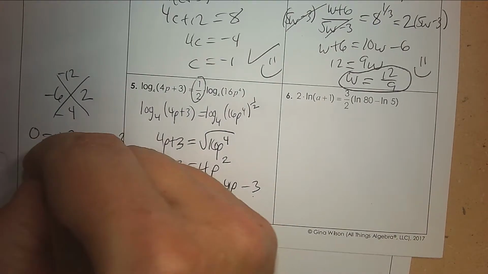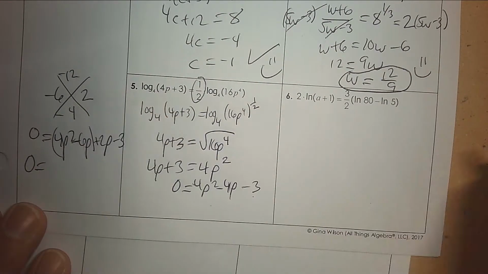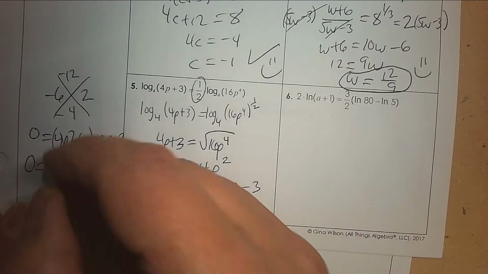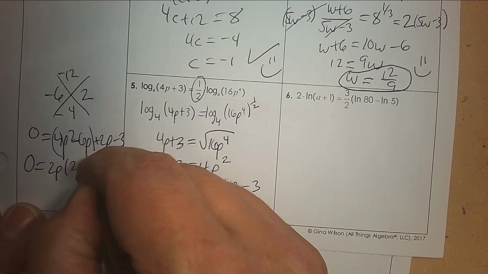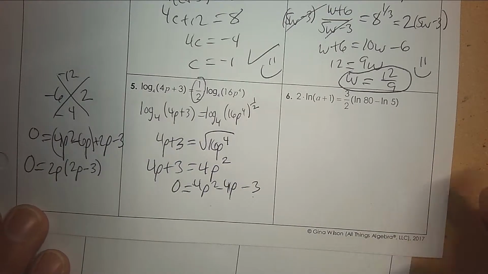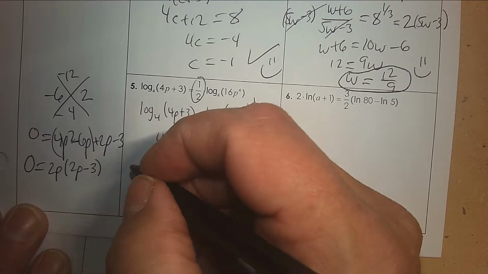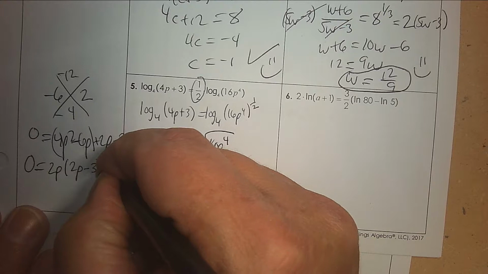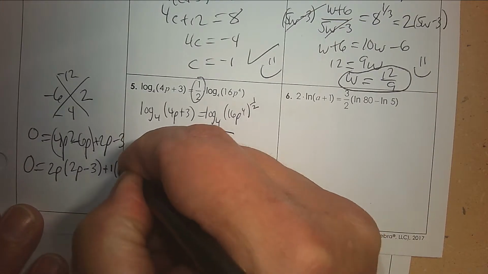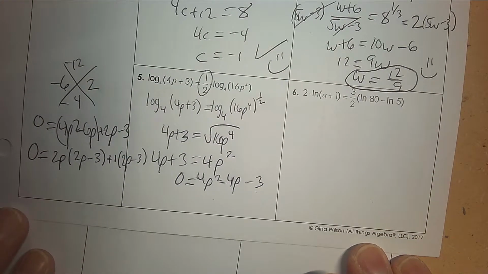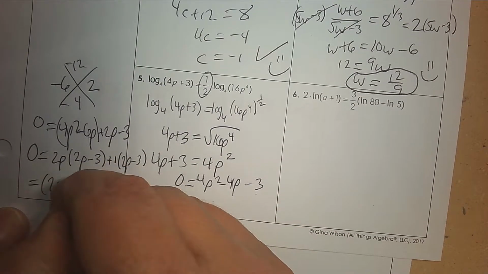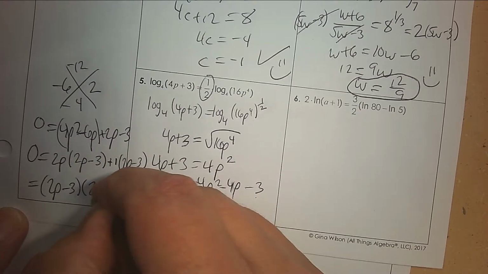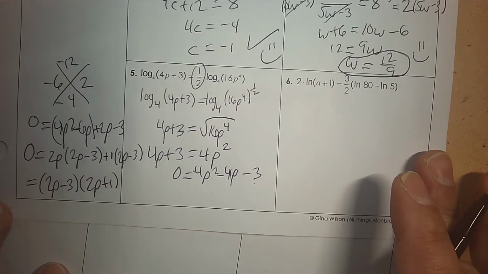Then we're going to factor by grouping. So if you take the first two and group them, what do they have in common? 2 and p, and what's left over after you factor them out? And the second two, they have nothing in common, only a 1. So one factor is 2p subtract 3, and the other factor is 2p plus 1.